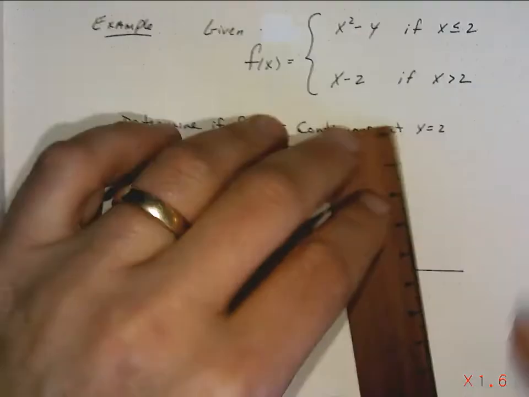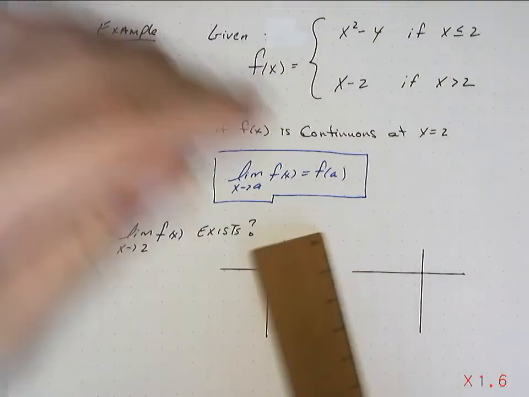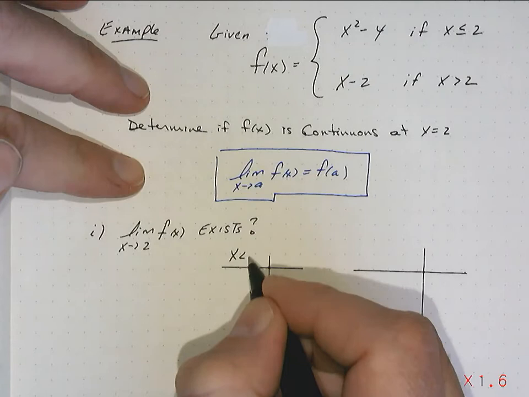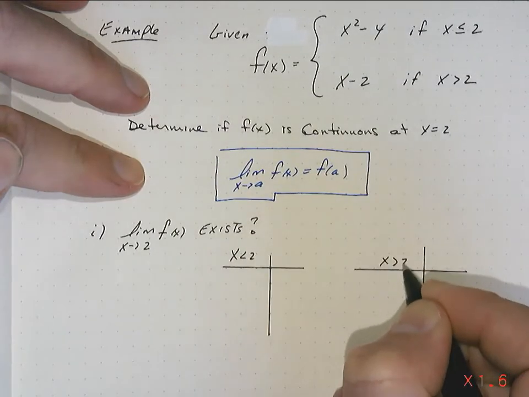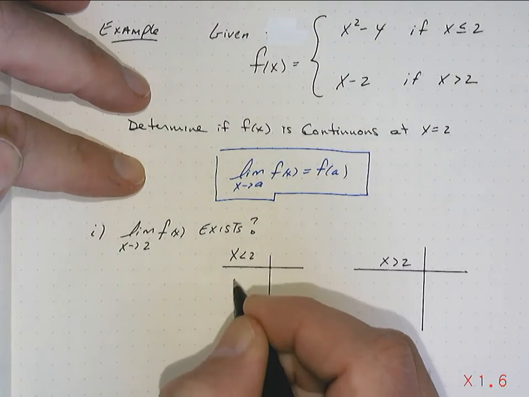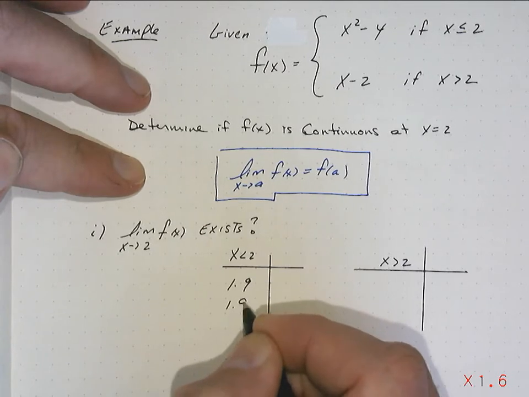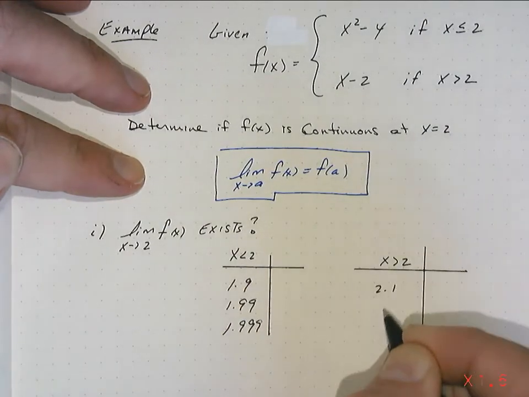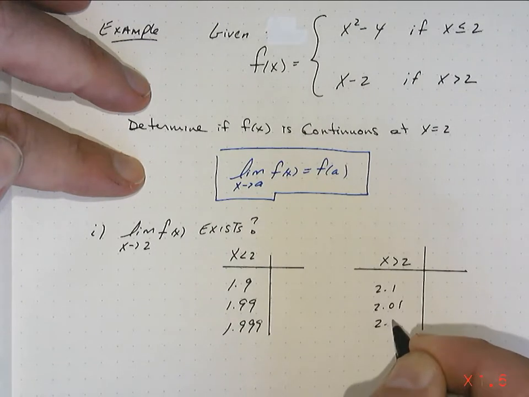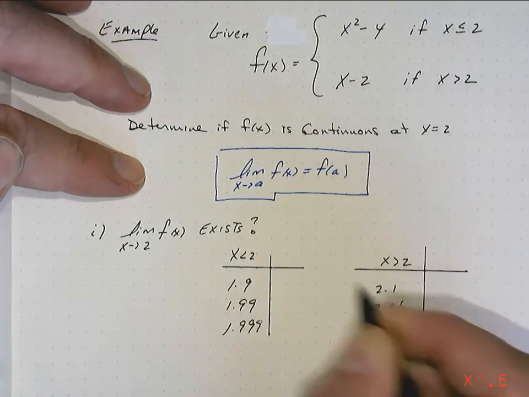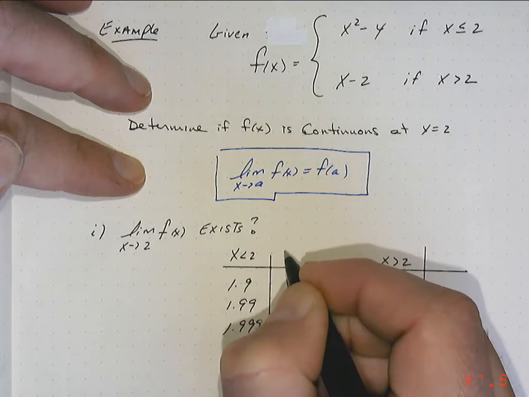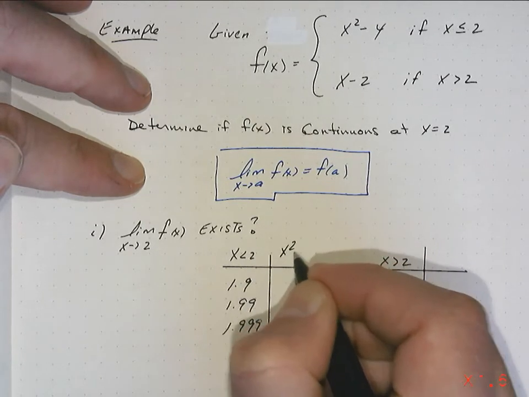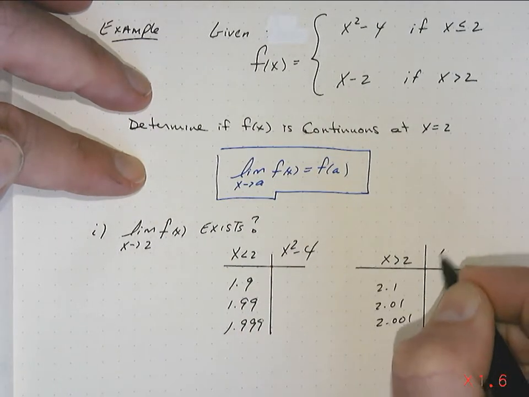So I could do charts. I could put in values that are less than 2, but getting closer to 2. And I could put in values that are greater than 2, but getting closer to 2. And I would use x squared minus 4 up here, and x minus 2 over here. I certainly could do that.